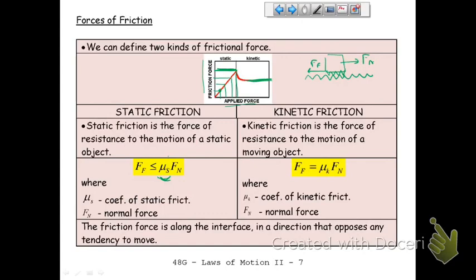And that, for instance, is why when you're driving a car and you brake, you never want to lock the wheels. If you're driving along and you see all those tire tracks on the road where people have just left the rubber on the road, that's really bad because they've locked the wheels and they're not getting the maximum amount of frictional force.